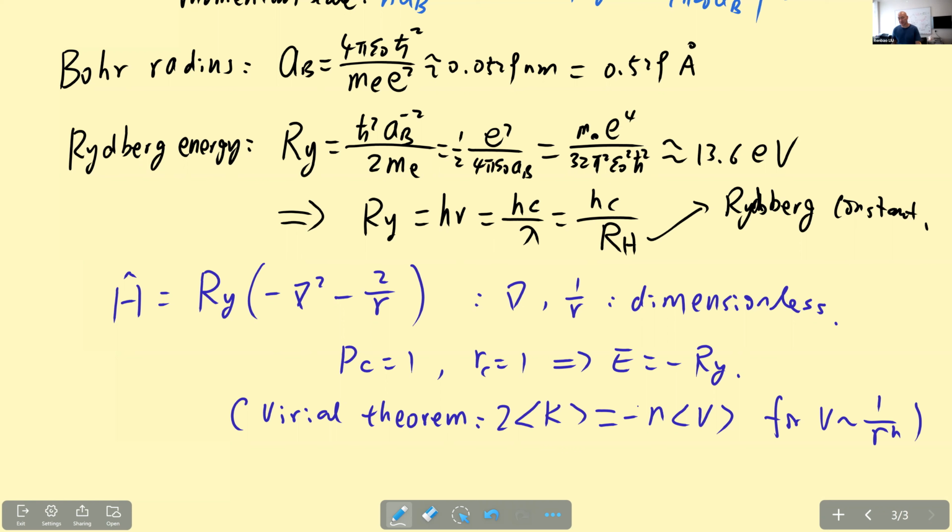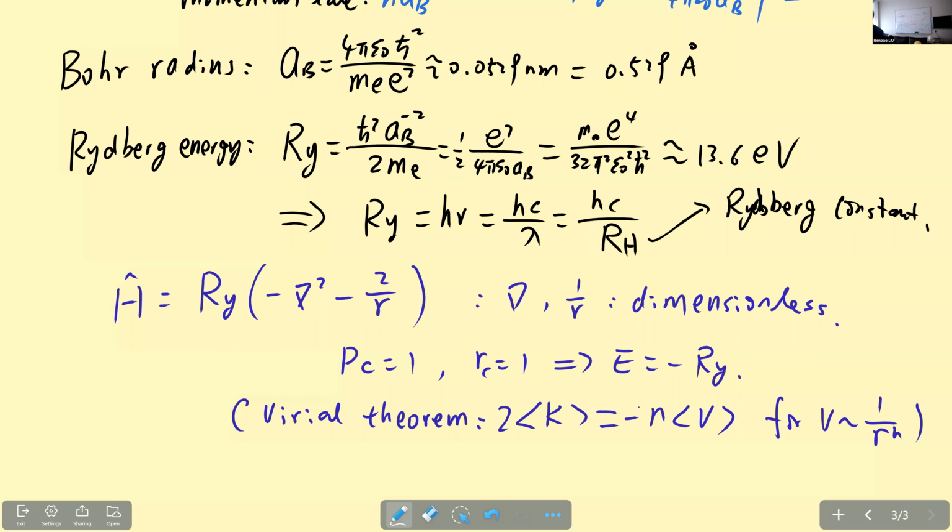In our case, we have a 1/r potential, so the kinetic energy is always half the negative potential energy, right? So if we put in the Coulomb system, with the electron at the Bohr radius away from the proton, the kinetic energy and the potential energy will be just 1 Rydberg energy and minus 2 Rydberg energy respectively.